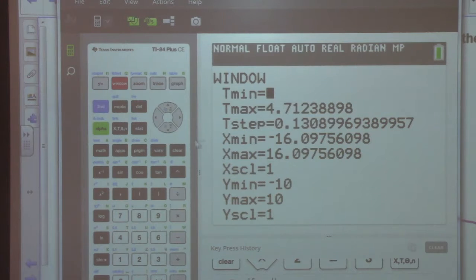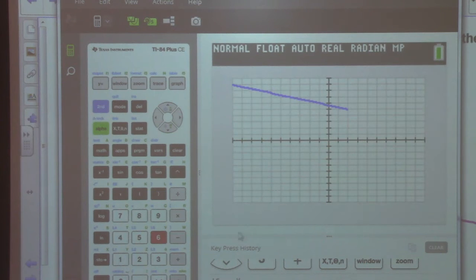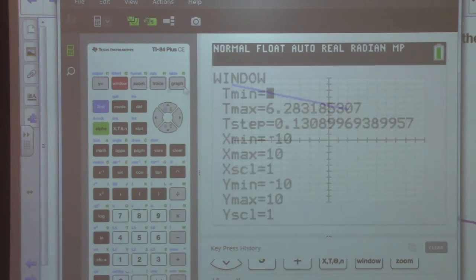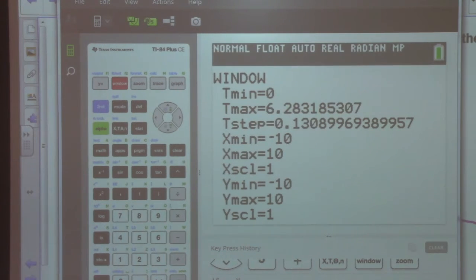What you can do for that is go to zoom 6 to get a standardized window. And that's a standardized window right there. Your standard is 0 to pi over 2, so I can go to negative 2 pi and see what happens when we graph there.